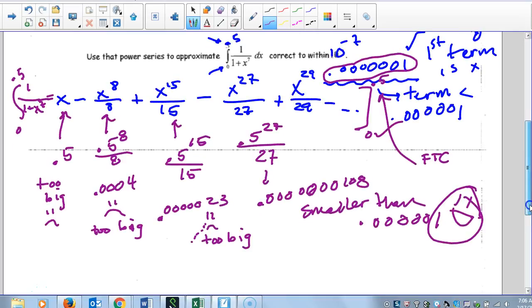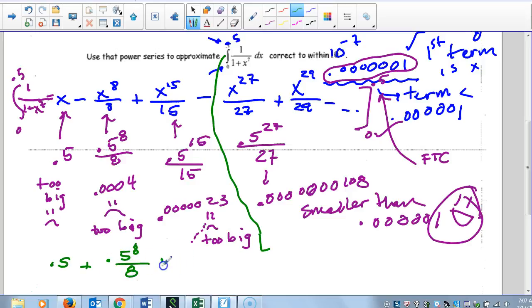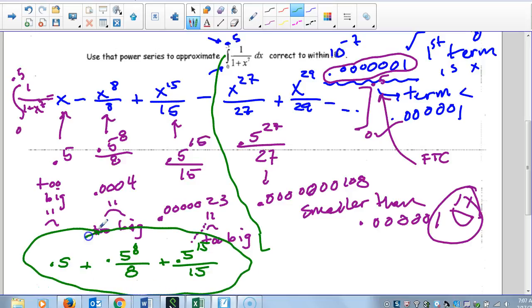And what can I do? I can stop. So this means don't calculate this term. If I calculate the value of 0.5 plus 0.5 to the 8th over 8 plus 0.5 to the 15th over 15, and that's all I do, that's it.